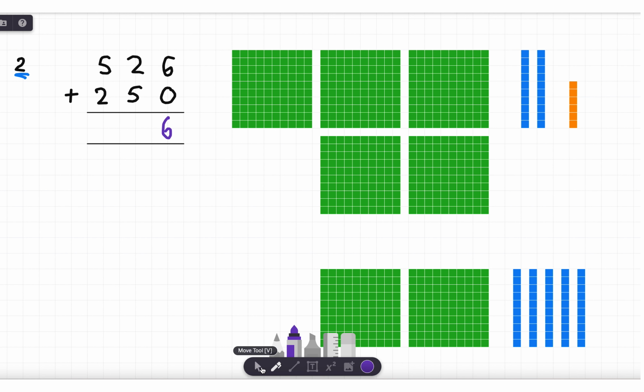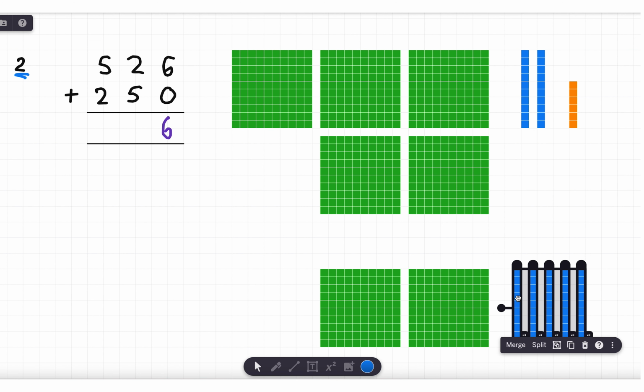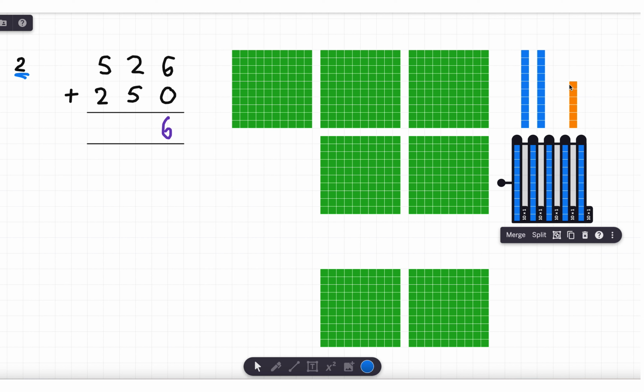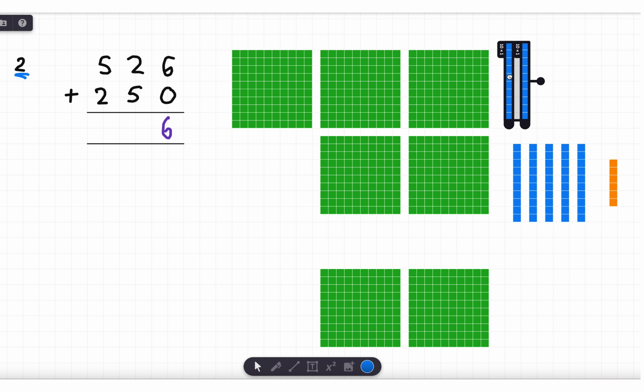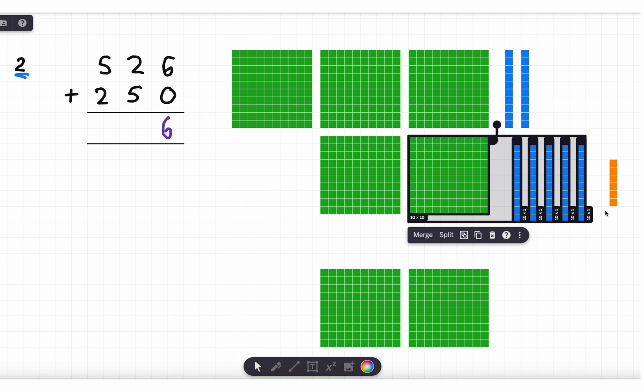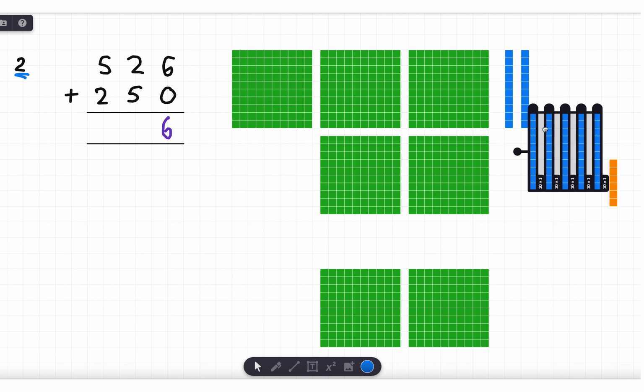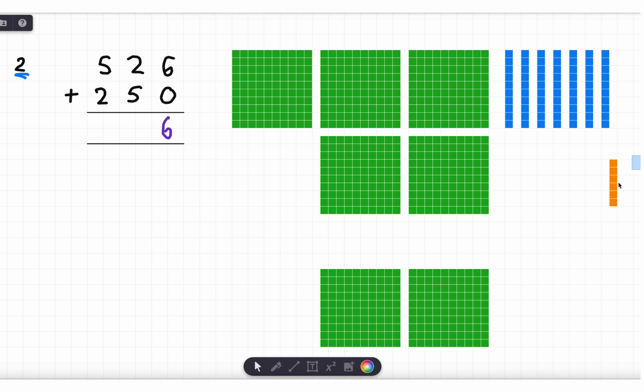Now when we come to the tens, we've got 2 tens plus 5 tens. If we move this up, that's going to give us 7 tens. Put this over here just to make this a little bit neater. And there we go, we've got our 7 tens.